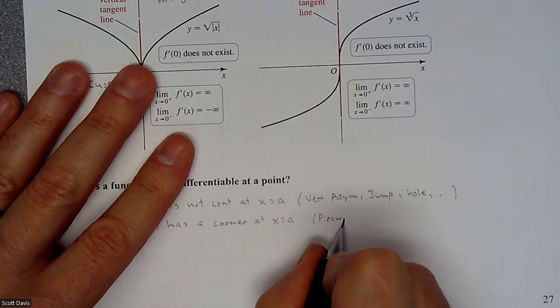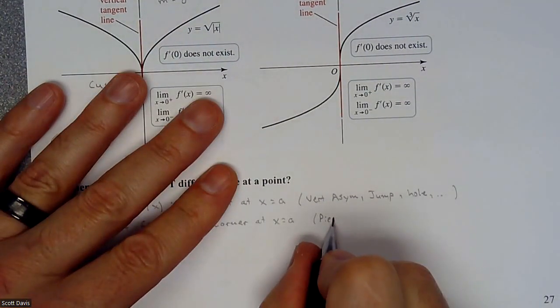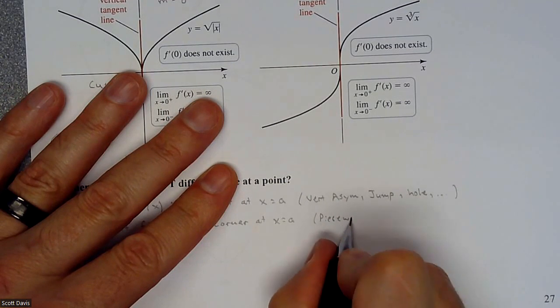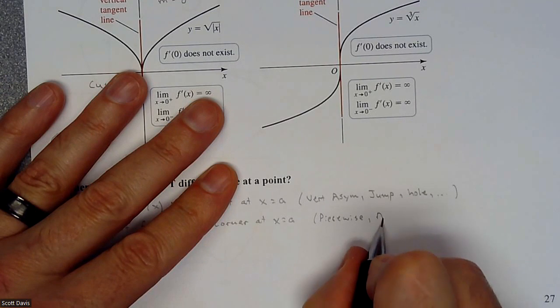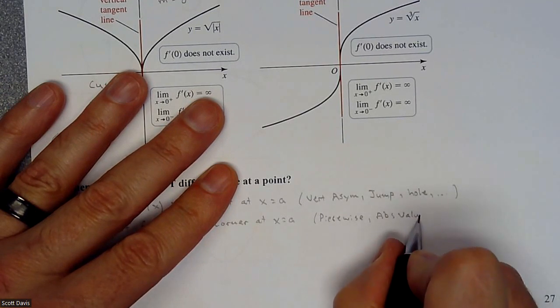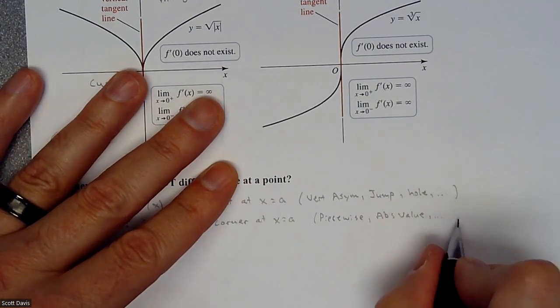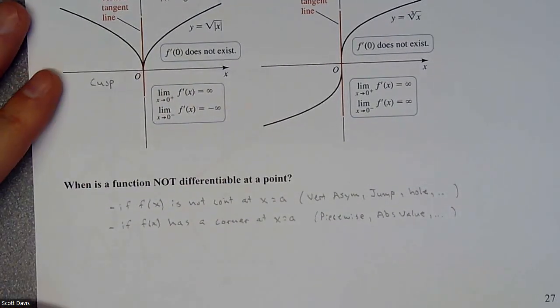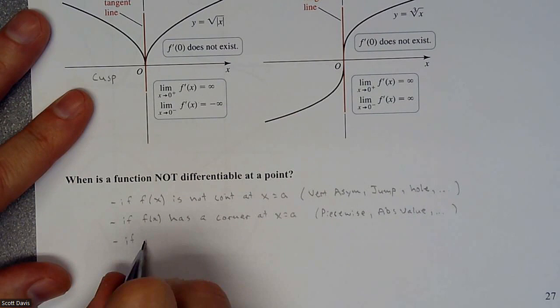So the graph is continuous, but it has this abrupt change from one direction to another at that point. An absolute value is a perfect example of that. Right, it has that V shape to it. Sure, there are others, but those are a couple good examples to think of. So that's when a corner is going to happen.